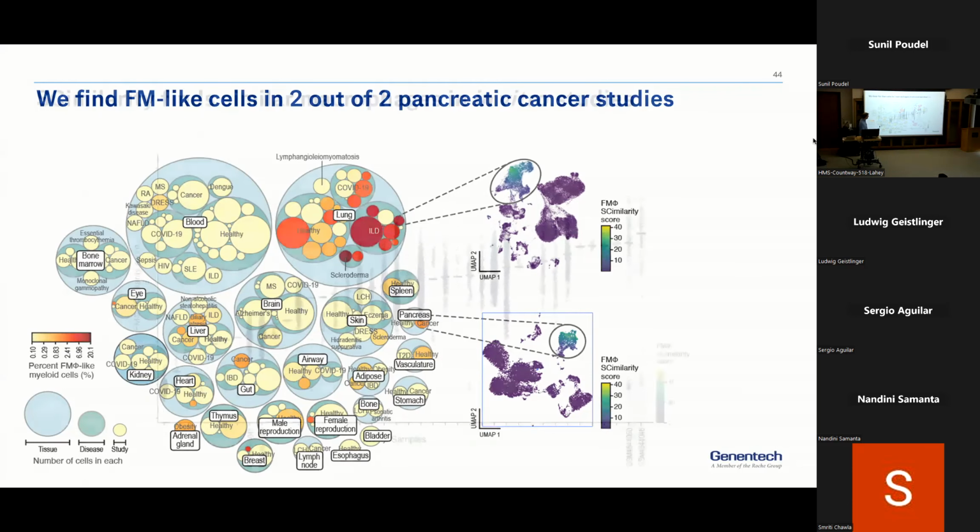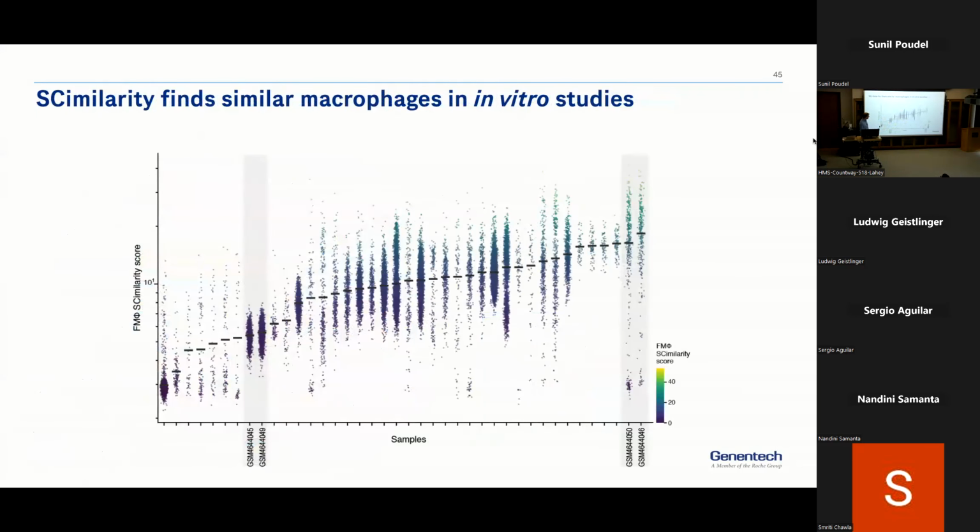And then lastly, we can see if there are any similar cells in these in vitro studies. Everything that I showed previously was primary tissue samples. Now I can do the same thing, basically just subsetting the reference to in vitro samples. And we can see again a range of similarity.